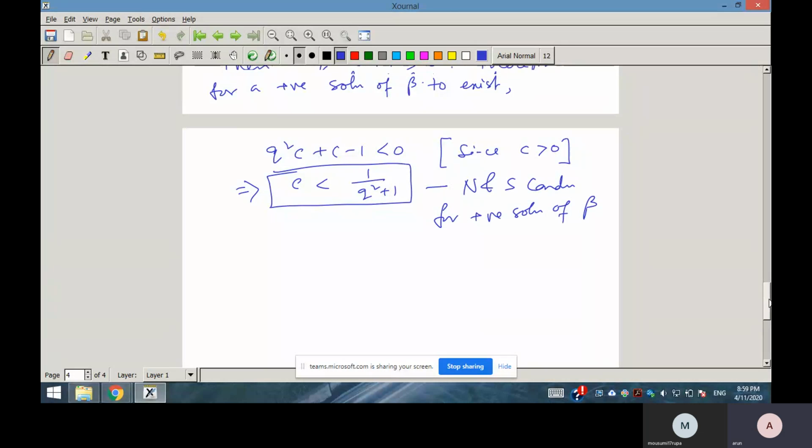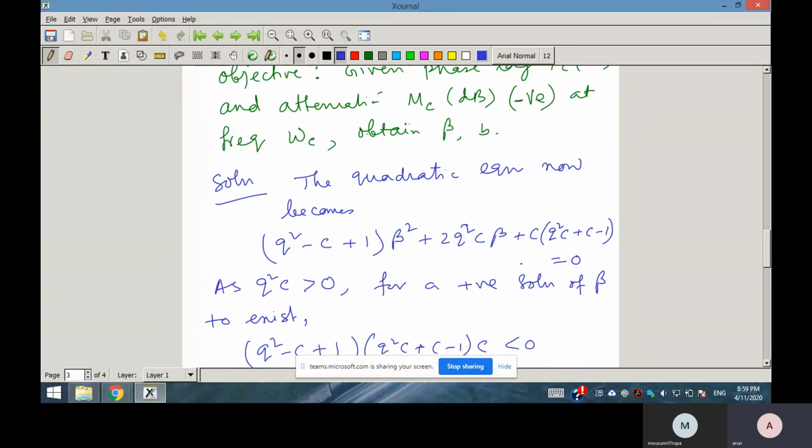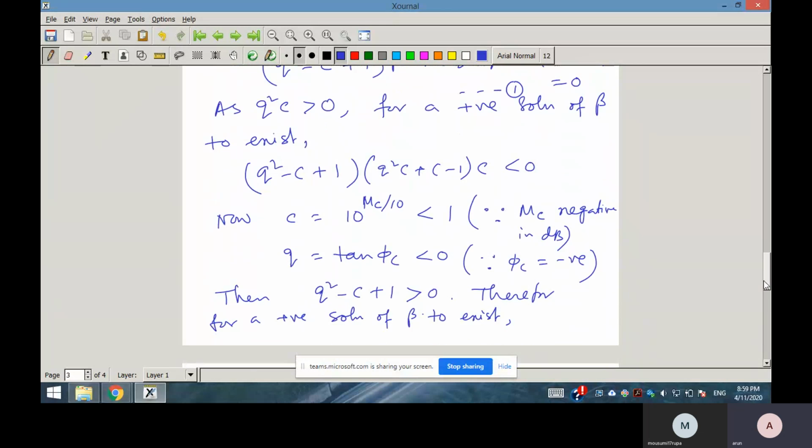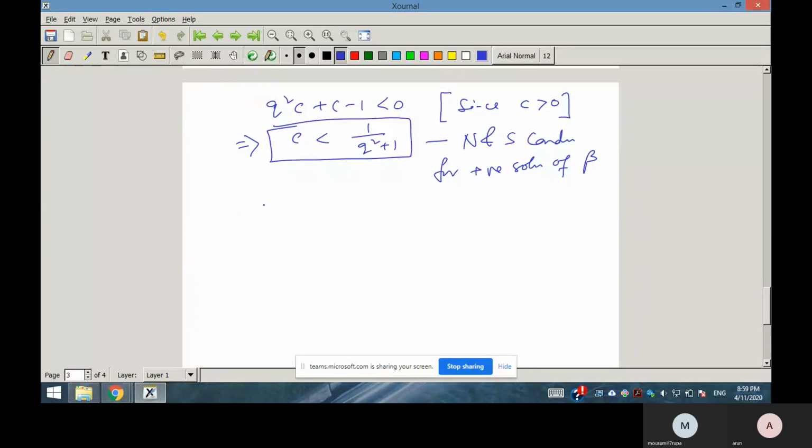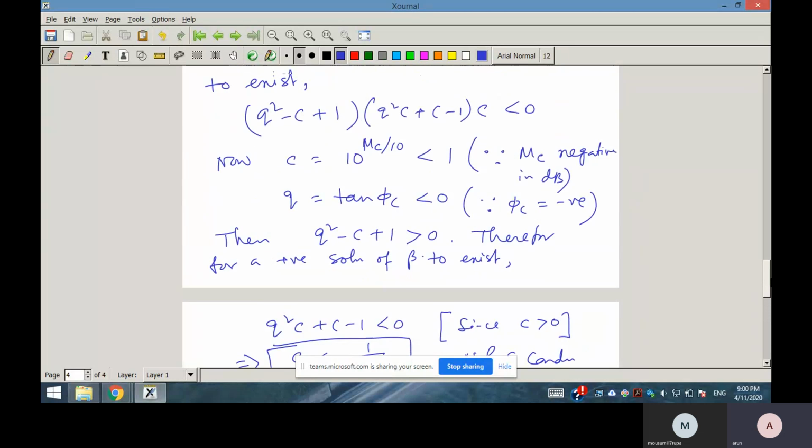Now if you see your main quadratic equation 1, from 1 you can easily obtain a factored form.